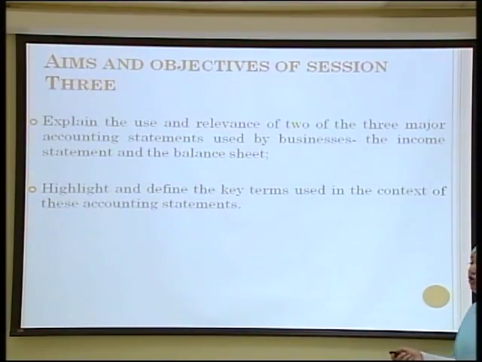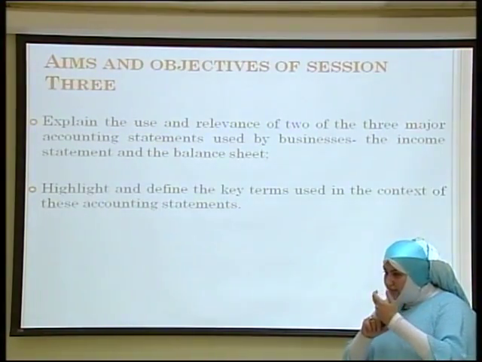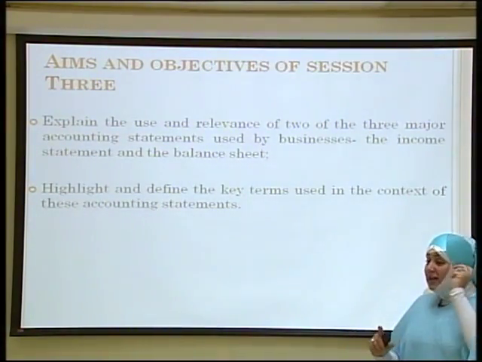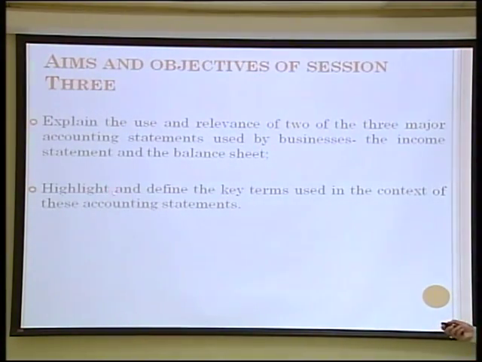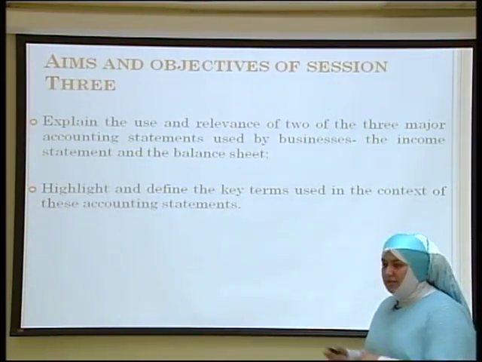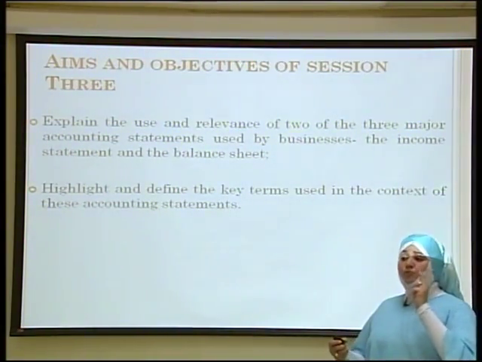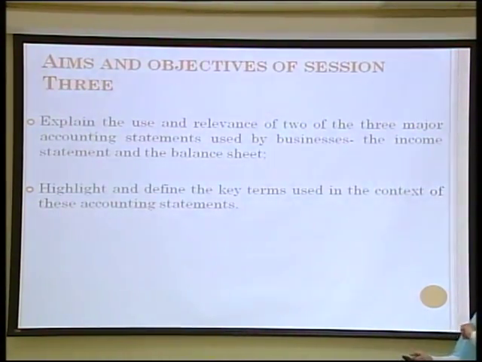The second aim is to highlight and define the key terms used in the context of these accounting statements. You need to be able to highlight these. So 2 main objectives, and actually they are very deep and important objectives.